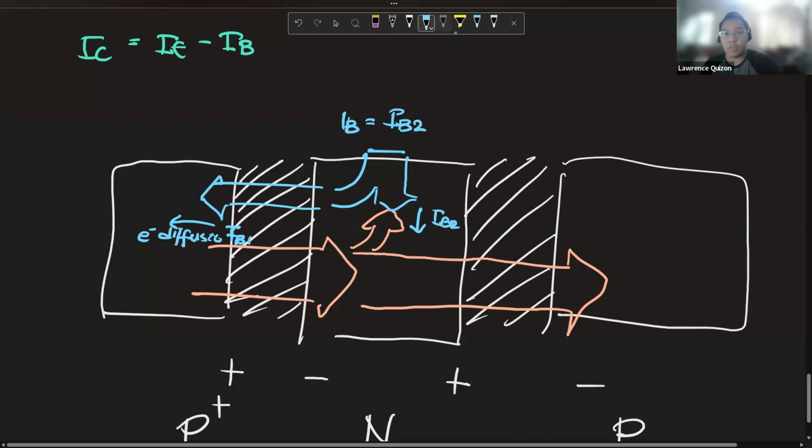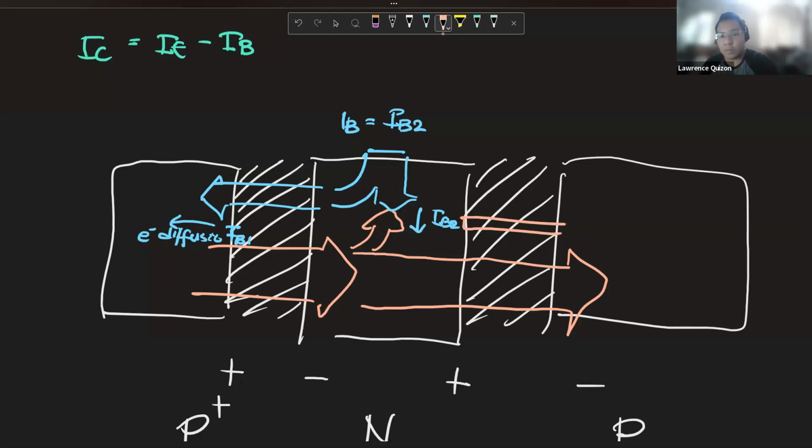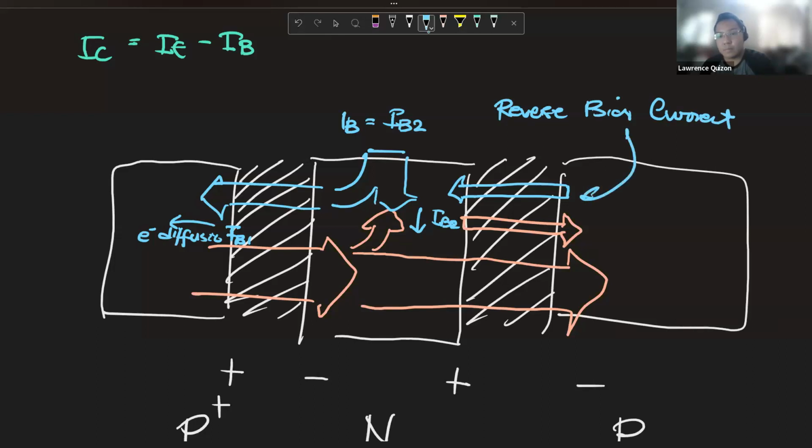So yun na, halos buo na yung story. All we have to add is the fact that minority holes get swept like that and minority electrons get swept like that because of the reverse bias current. So yun lang siya.